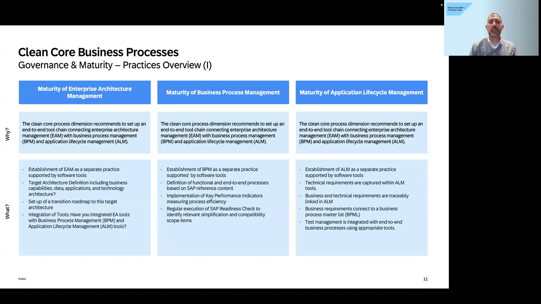Sitting together in a room with a customer, we ask how well set up we are when it comes to enterprise architecture management and business process management practice.